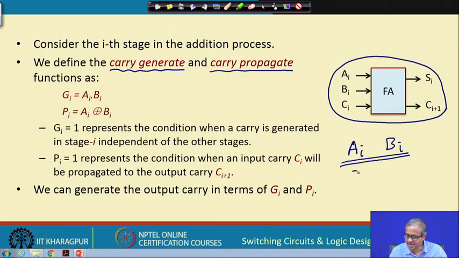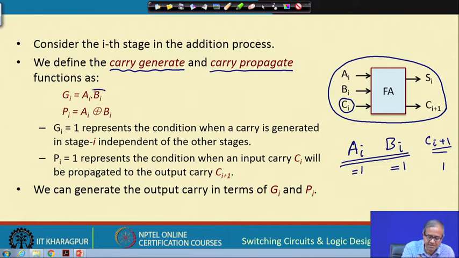You see, whenever A_i is equal to 1 and B_i is equal to 1, then irrespective of what my carry input is, this carry out will always be equal to 1. This C_(i+1) will always be equal to 1, because if carry input is 0, then also there will be a carry, if carry input is 1, then also there will be a carry. So, I can express this as the AND function, AND of A and B. If it is 1 1, then only it is 1.